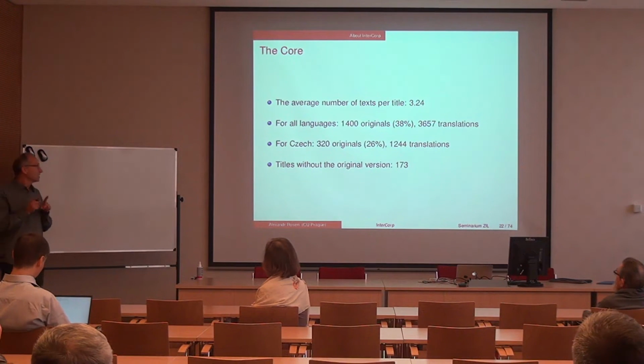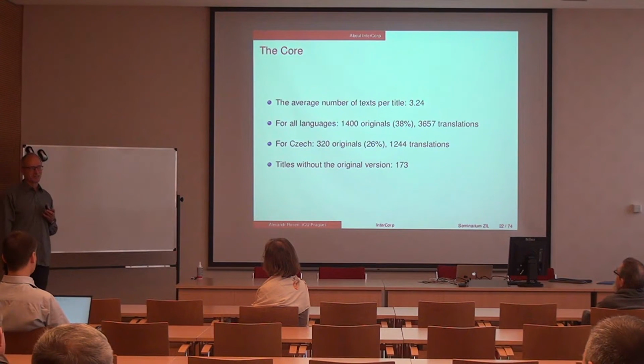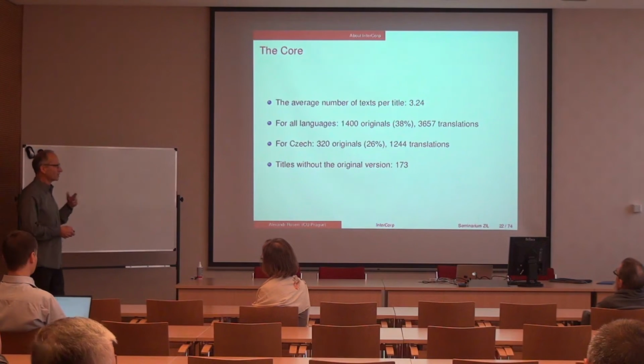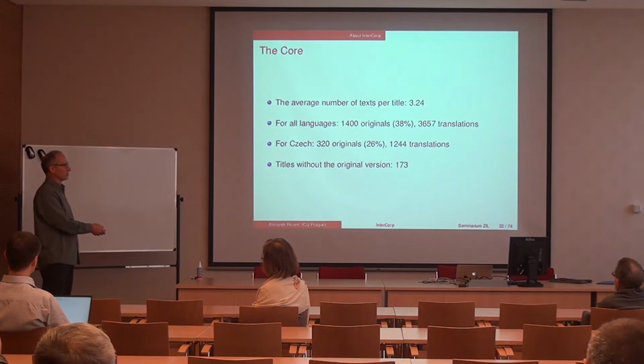There are still some titles without the original versions, which is not nice. It's usually something translated from English into a number of other languages, but the English original is missing. So English should actually be much more represented than it is at the moment. In version 12, it will be somewhat better than this.